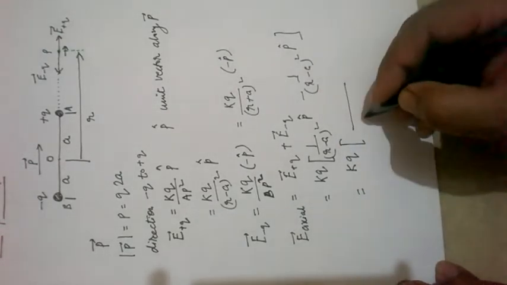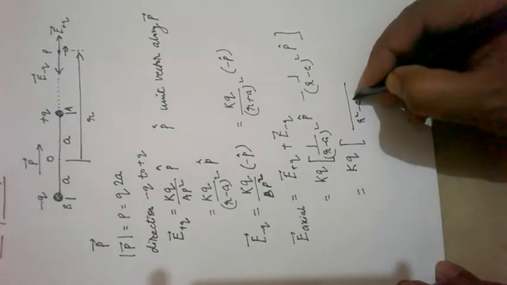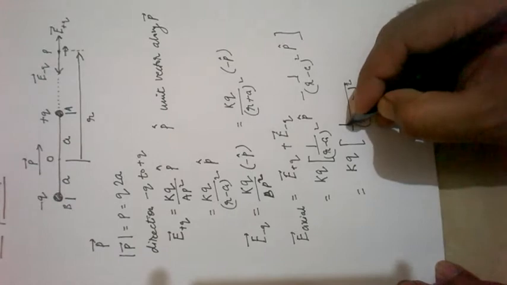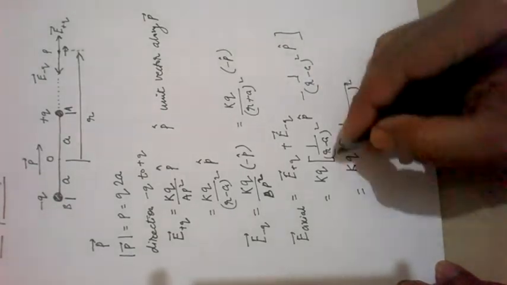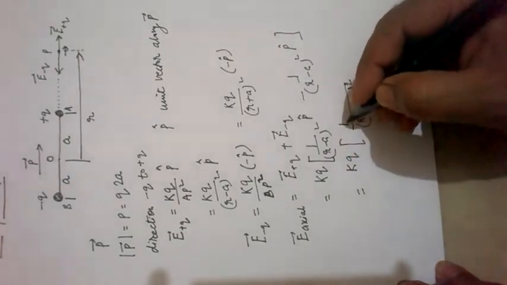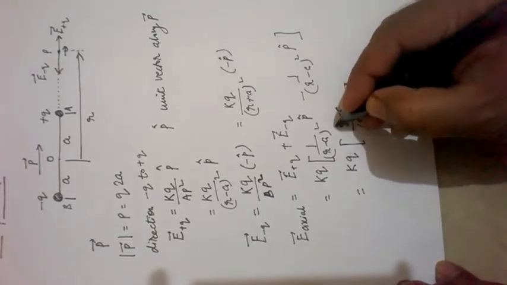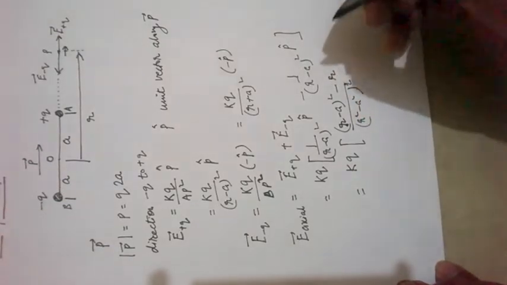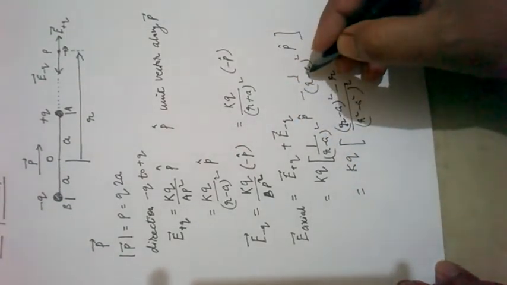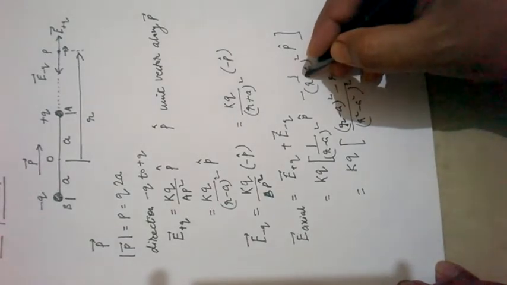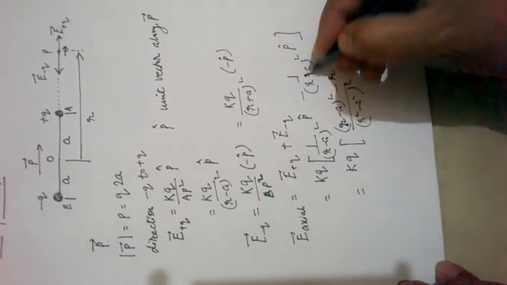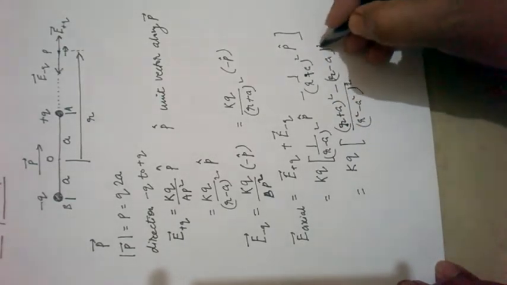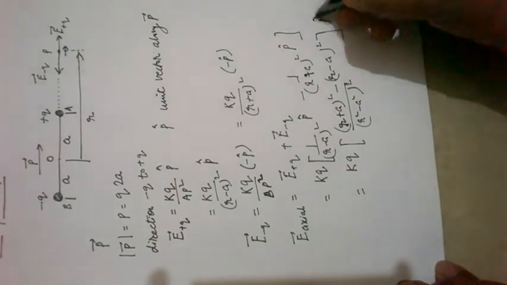Taking the LCM, the denominator is r squared minus a squared, whole squared, and the numerator is r plus a whole squared minus r minus a whole squared, with P cap.